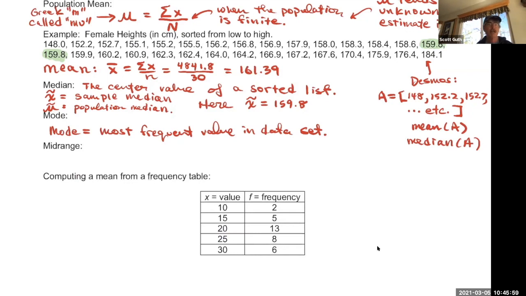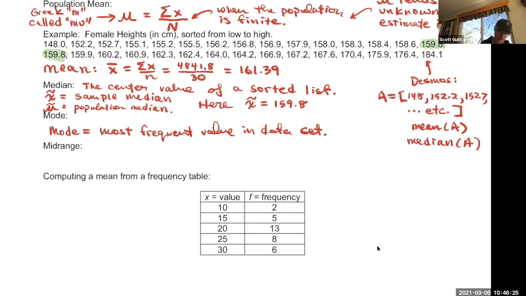Of course, I see 159.8. Does anybody else see a repeating number in the data set? It's nice when they're sorted. I don't either. Just double checking.